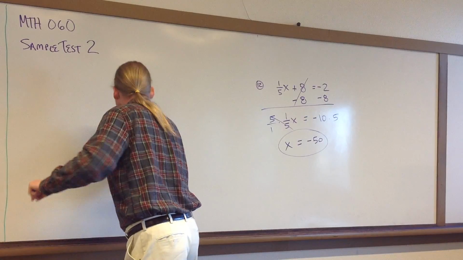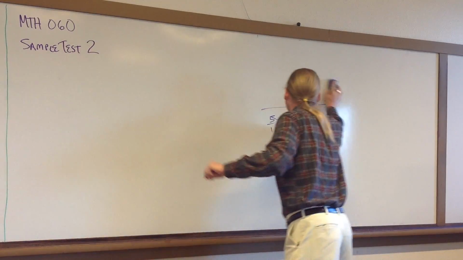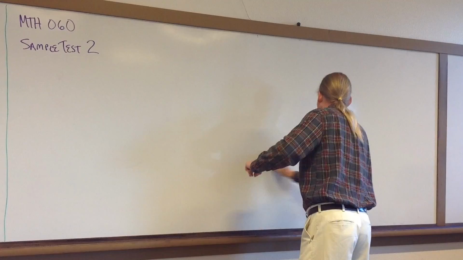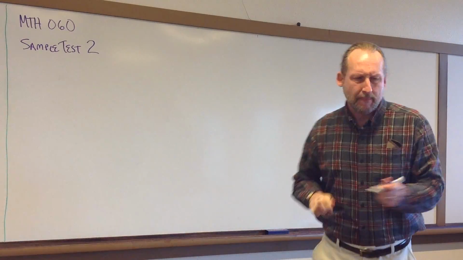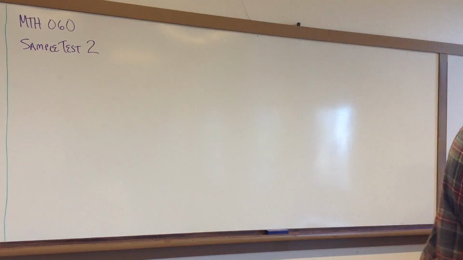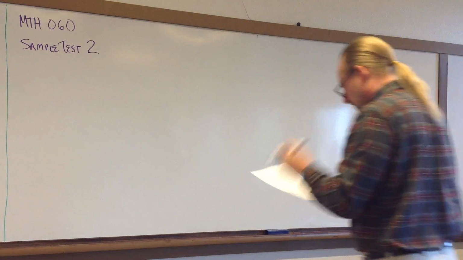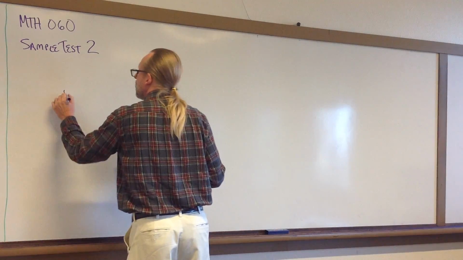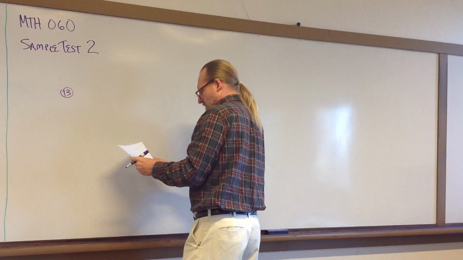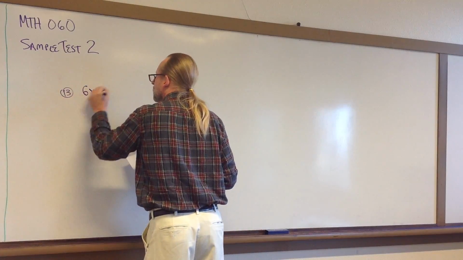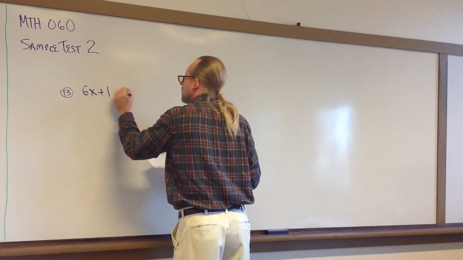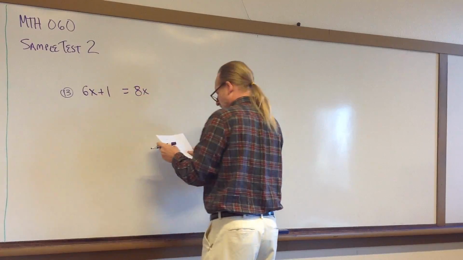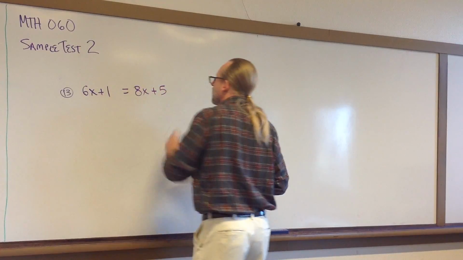All right, just a couple more problems here. I think 4 more. So, problem 13, 6x plus 1 equals 8x plus 5.